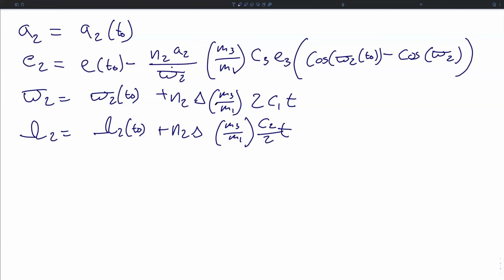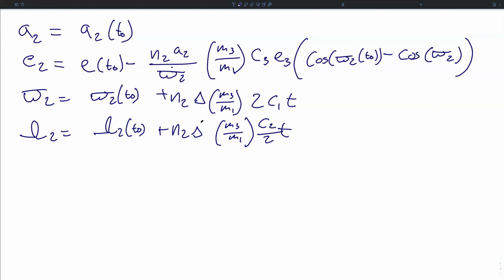Both of these represent linear ramps. So this is our prediction. Semi-major axis will stay the same. Eccentricity will vary in some complicated fashion, but will primarily exhibit sinusoidal variations, and both the longitude of periapsis and the longitude of the ascending node will linearly ramp in time.